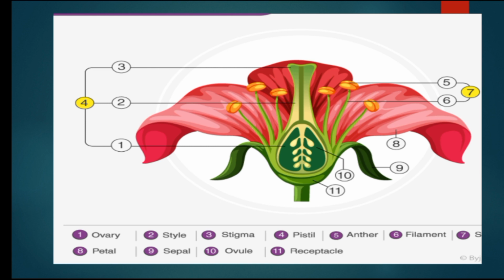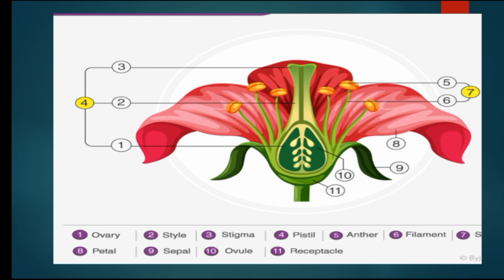Apo means free. And if fused carpels are present, that condition is known as syncarpous. So in the case of apocarpous, apo means free.